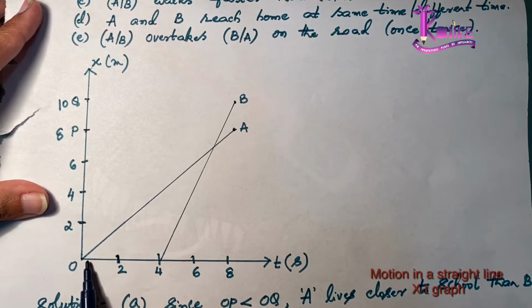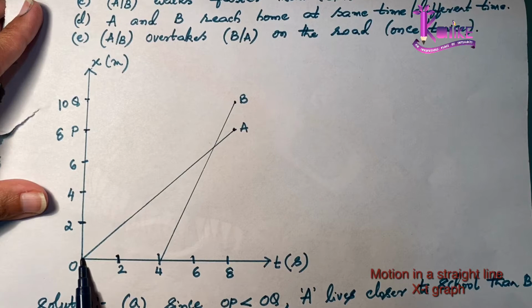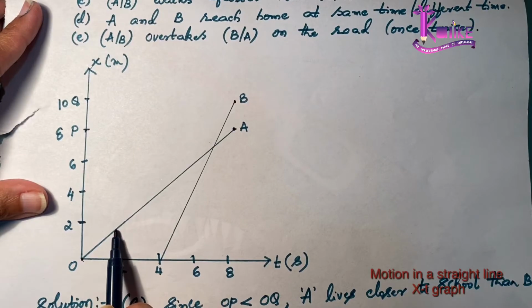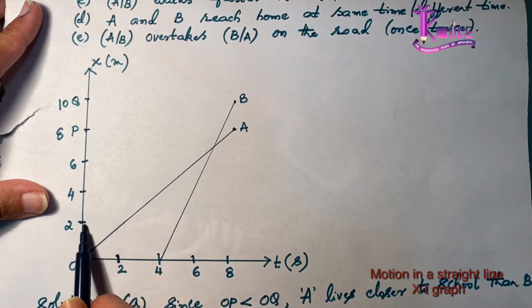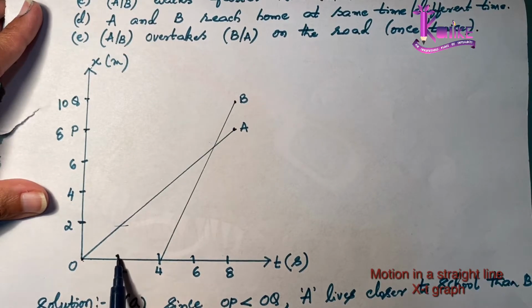So, I see that for A, when time is 0, he is still at school. When time is, let's say, 2 seconds, he has already travelled a distance of almost 2 meters from the school.